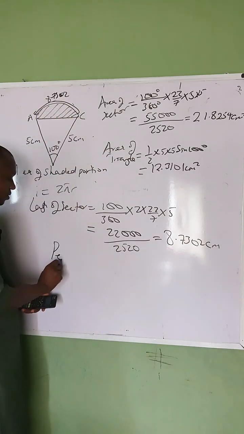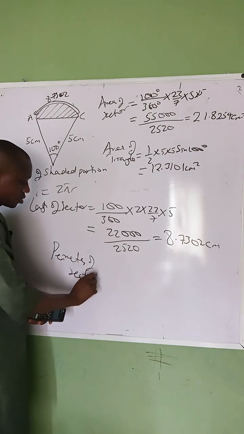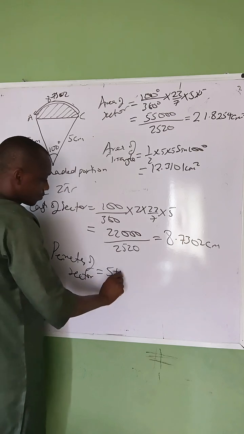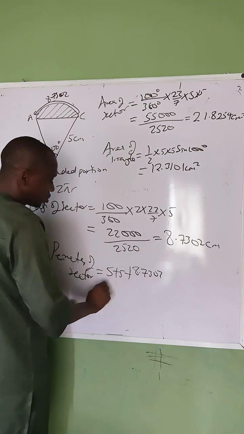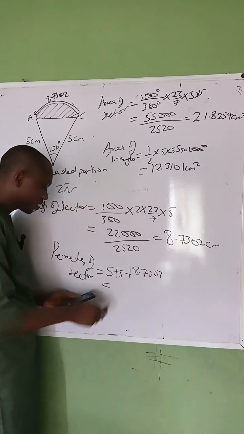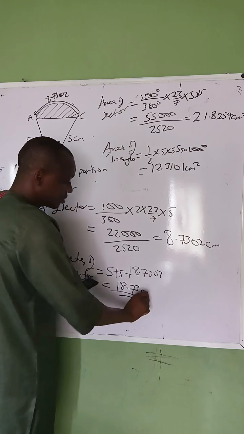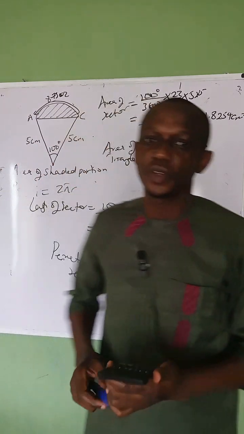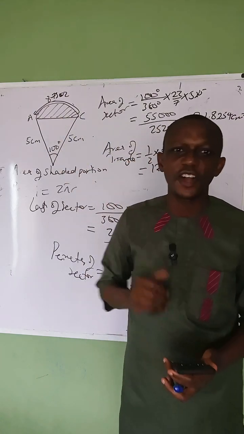So the perimeter of the sector will be equal to the addition of everything: 5 plus 5 plus the arc, that's 8.7302. So that's 10 plus what we have here. So we have 18.73 centimeters. That is the perimeter of the sector. Thank you and God bless.